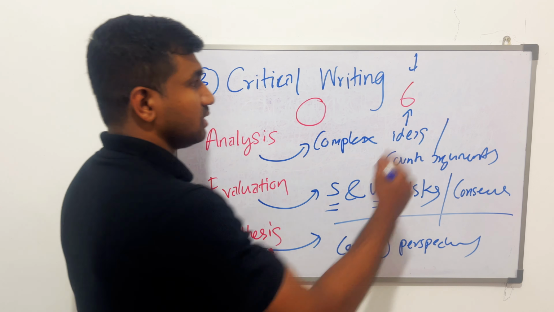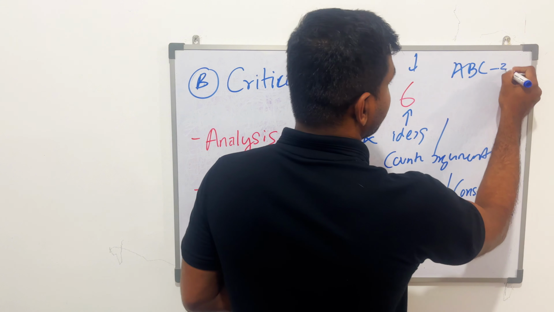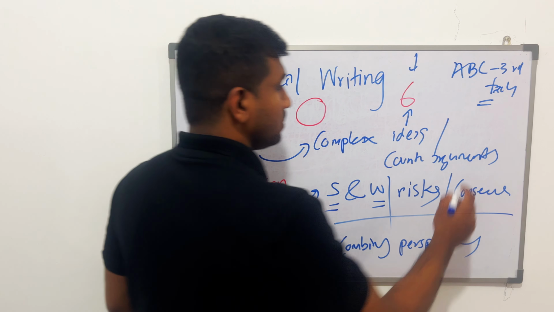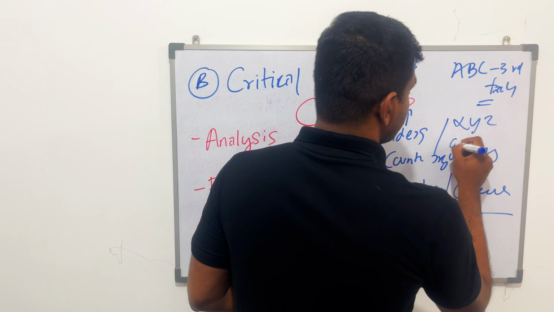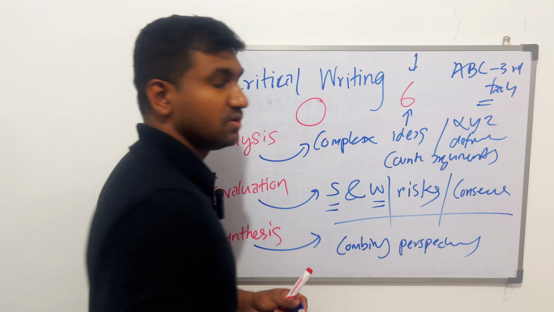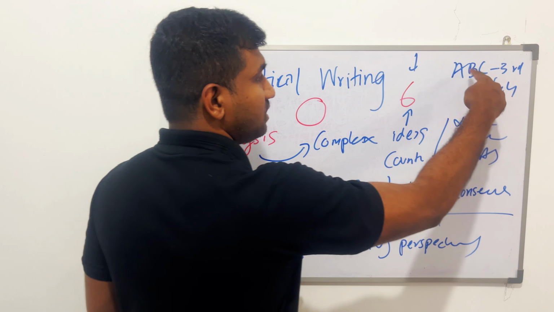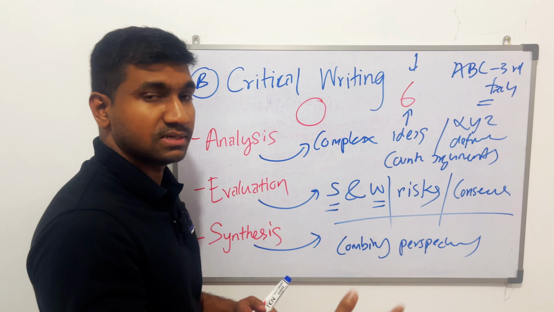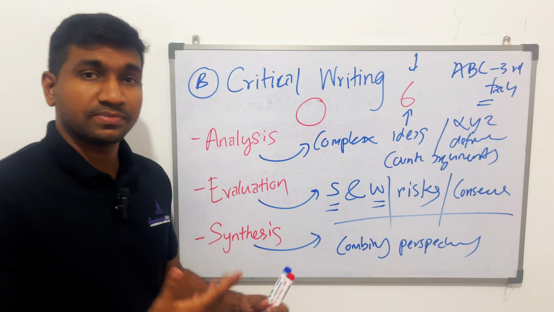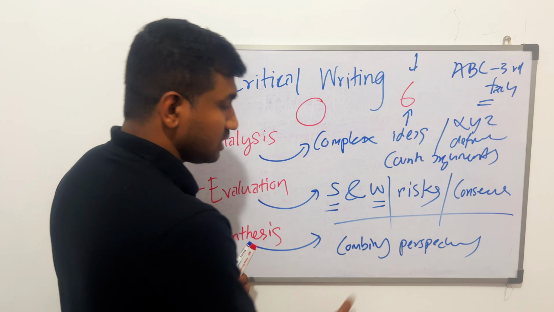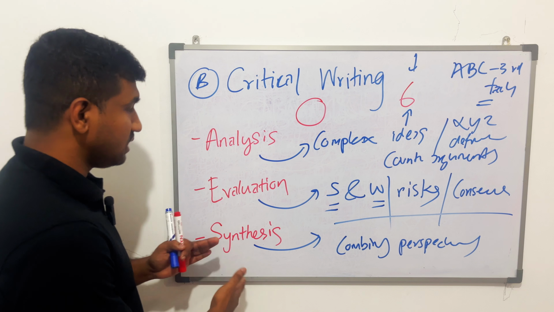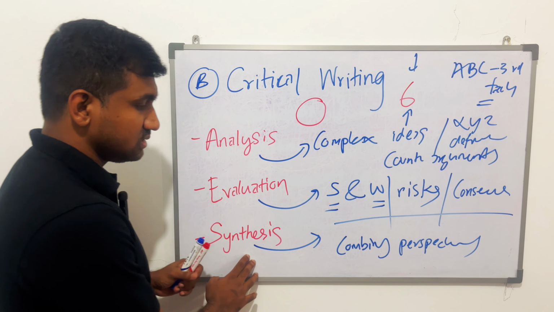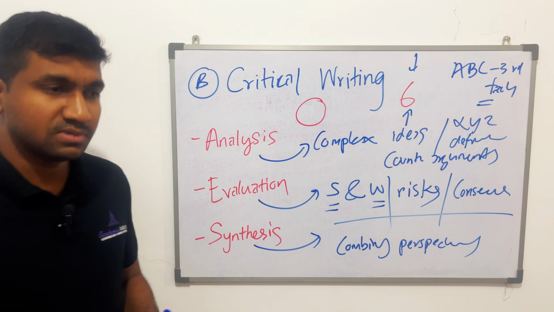Or you can say, okay, ABC's third factor equals XYZ's definition. So there's a similarity between these two theories. In the ABC theory, the third factor has a similarity with the XYZ theory. So likewise, you are combining perspectives. Yes, it is kind of analysis that you are doing, but slightly different. Synthesis is about combining key perspectives, key themes.